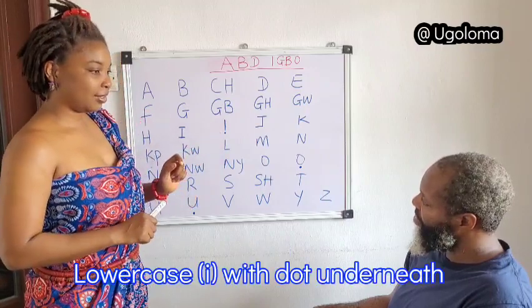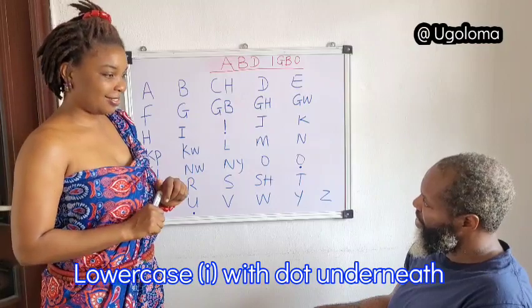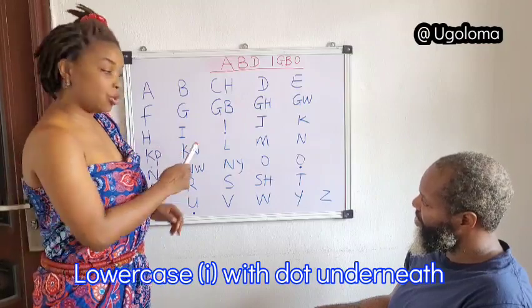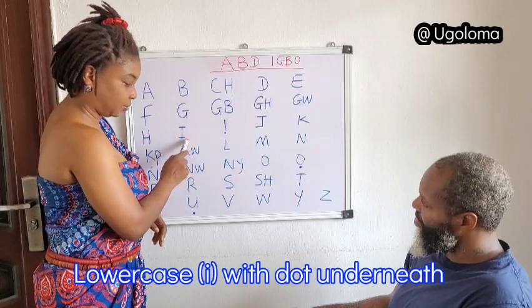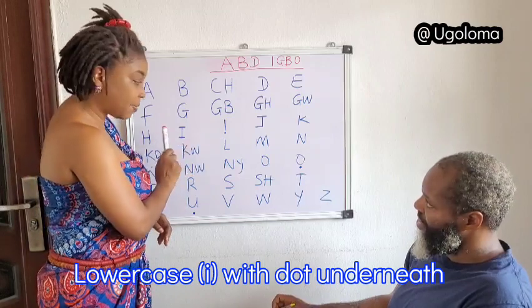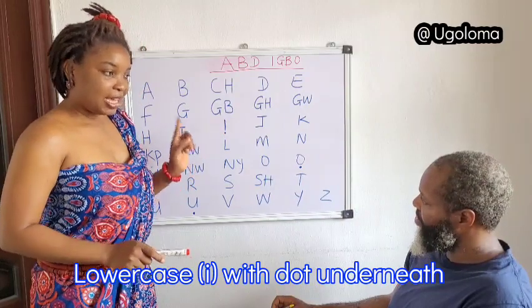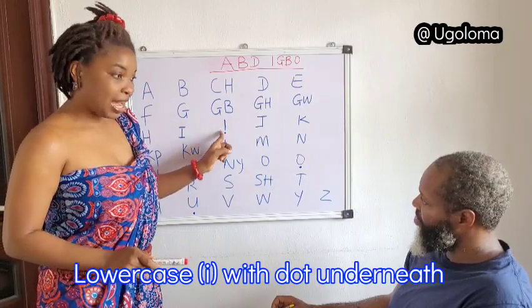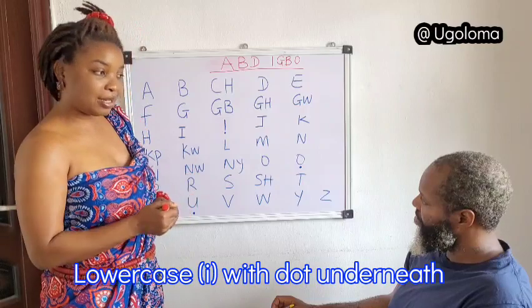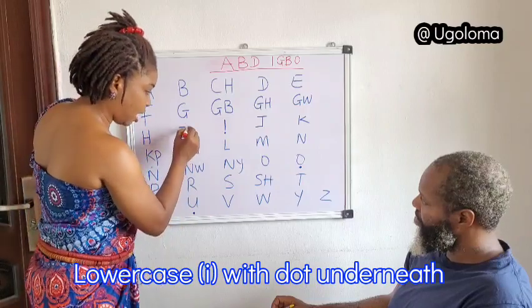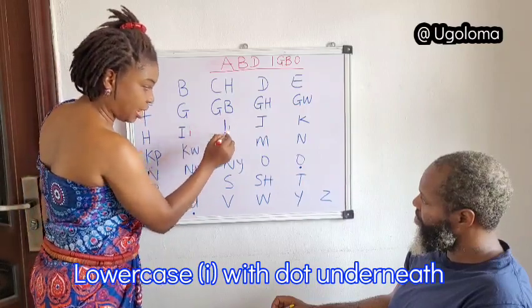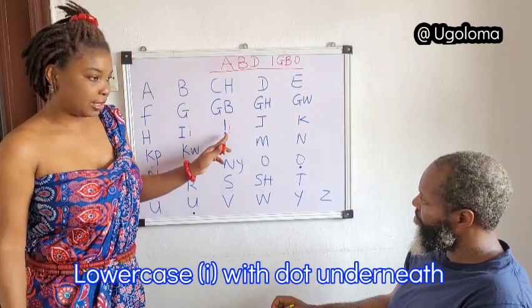Now this is I without a dot underneath. Both of them are I, right? The first I is without a dot, and the second I is with a dot under. So when you're writing a small letter, you will have I, and then you now have I with a dot. Understand?